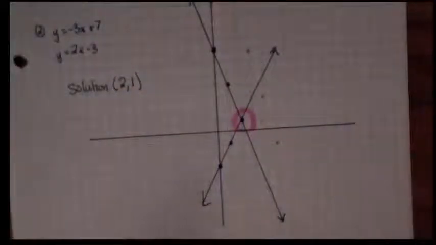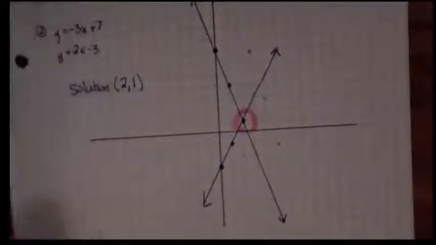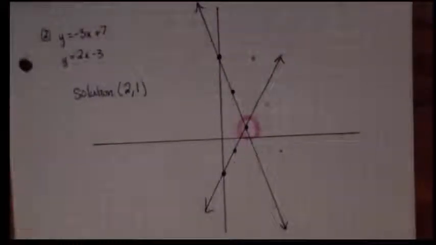Now, as I mentioned, it will not always be in y equals mx plus b format for you. So let's try one where it is not the case. So let's try this one. X plus 3y is equal to 6. X minus 3y is equal to 6.